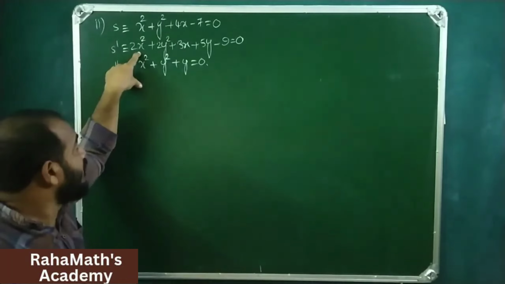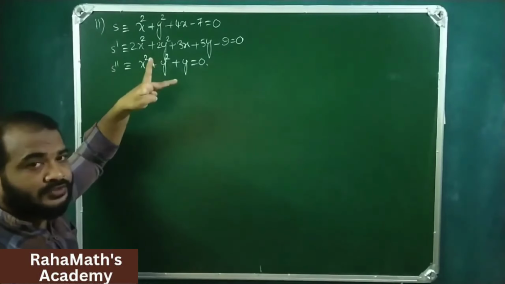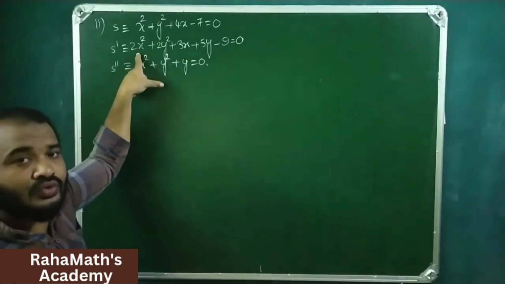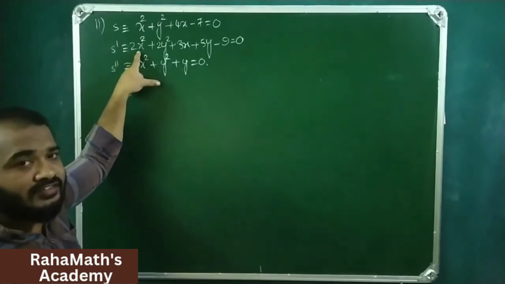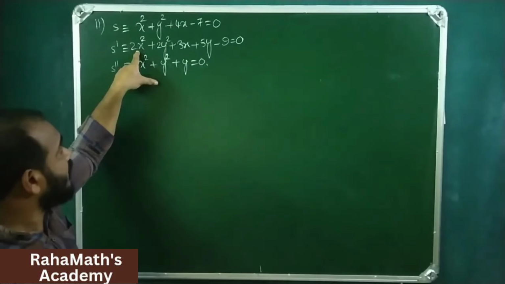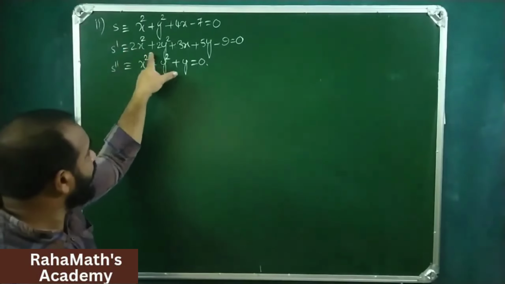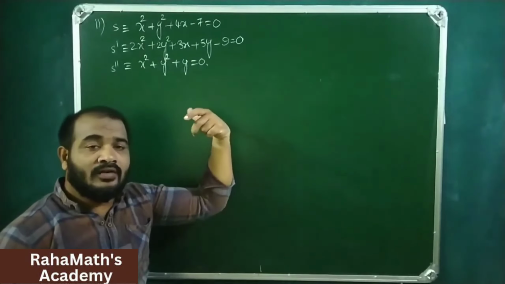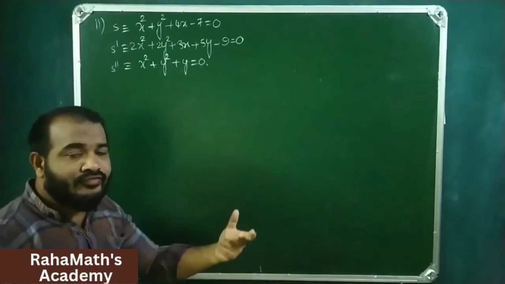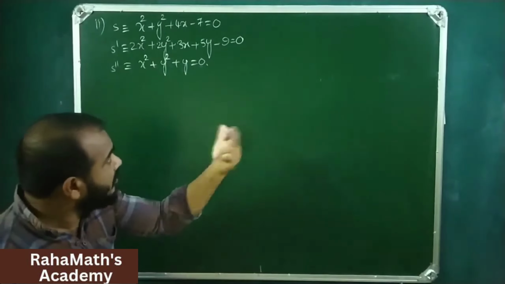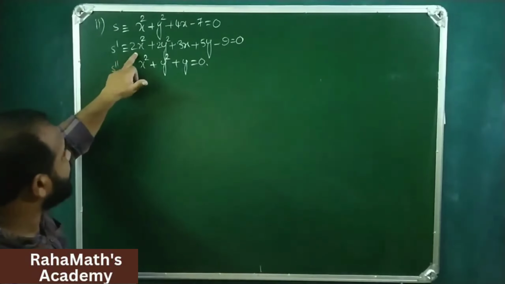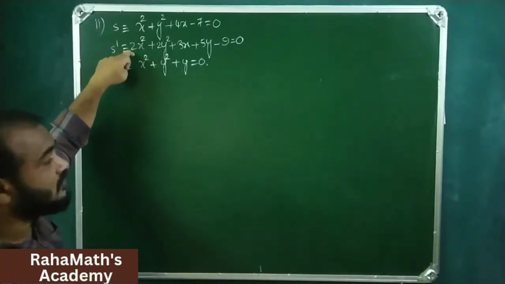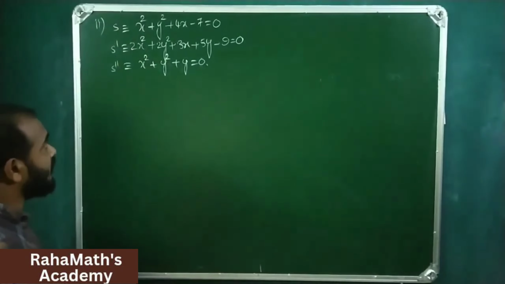That's why we are left with two options. Either divide the entire equation by 2 so that it becomes the general equation, so x square coefficient should be 1, for which if we divide by 2, then we will get fractions like 3 by 2, 5 by 2, 9 by 2. To avoid fractions, we can do another process also. Instead of dividing this by 2, I can multiply this with 2. Then 2x square gets cancelled. So in that way, let us do.